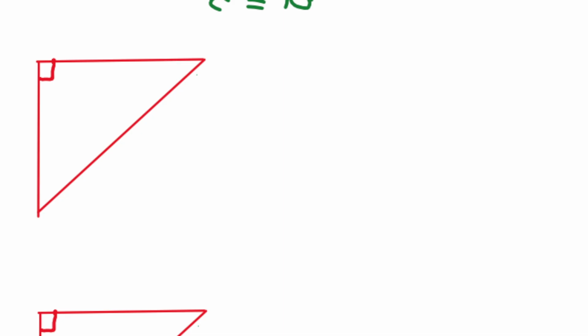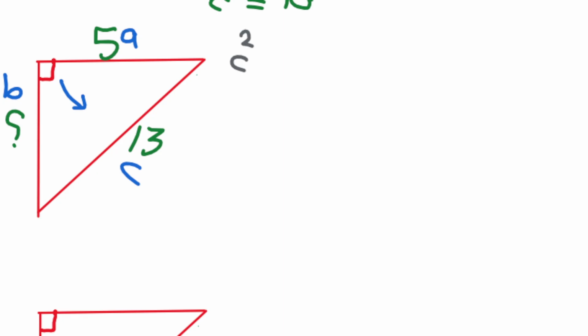If they tell you this is 13 and this is 5, and then they ask you to find this. The first thing you will do is give them names. Opposite to the right angle, this is C. The other ones, you can call them A and B. What do you do next? You write the formula. C squared is equal to A squared plus B squared, right?